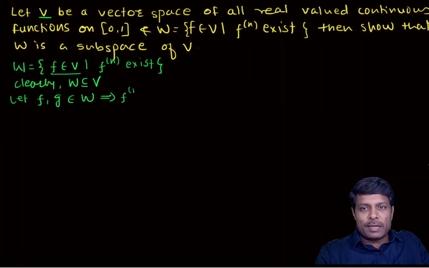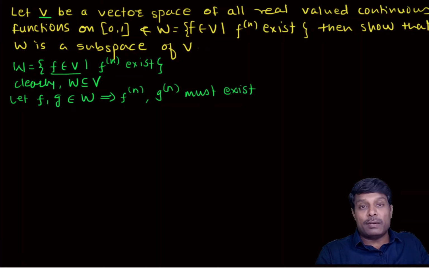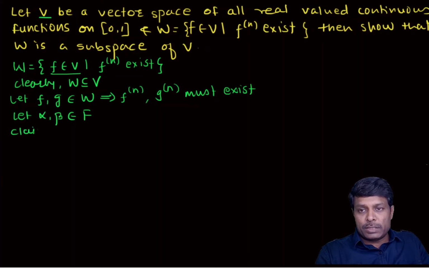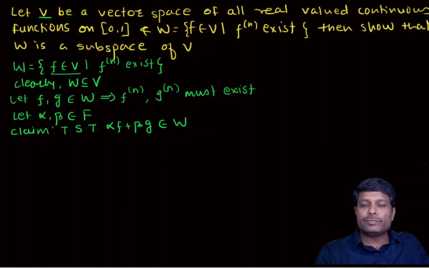So I am writing here the nth derivative of f and the nth derivative of g must exist because they are members of W. Now I am considering two scalars, alpha and beta, and my claim is to show that alpha f plus beta g is again a member of W.